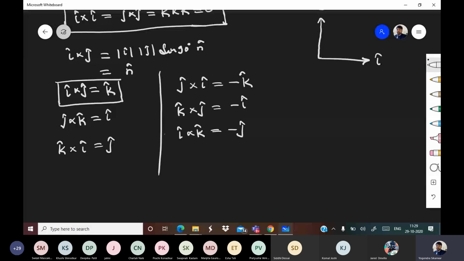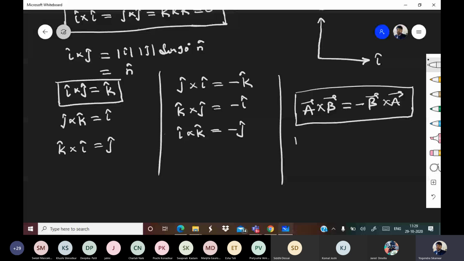That means A vector cross B vector is not equal to B vector cross A vector. That means vector multiplication is not commutative.